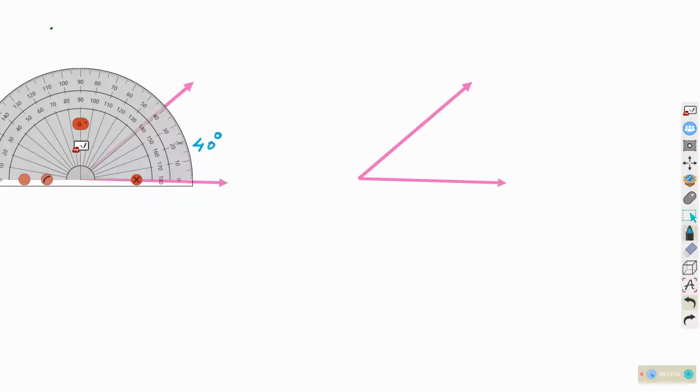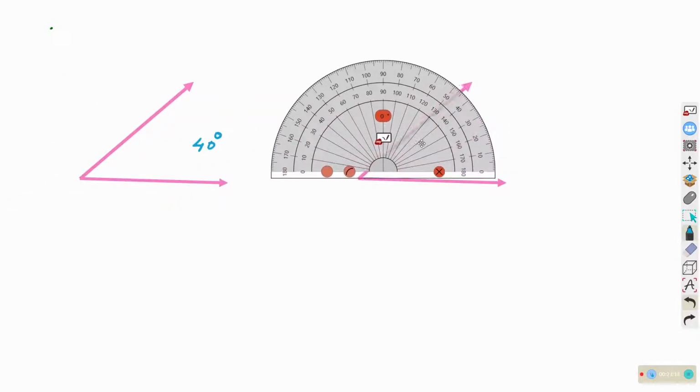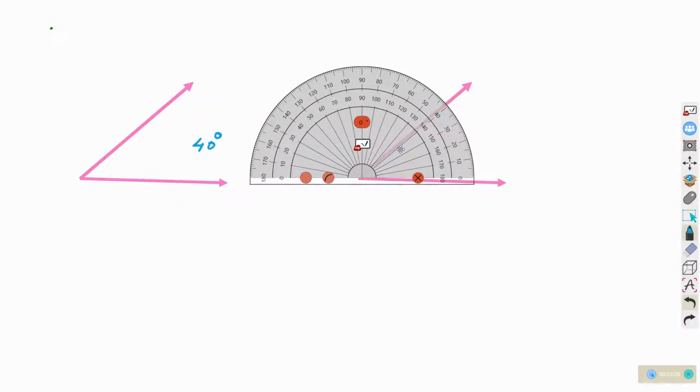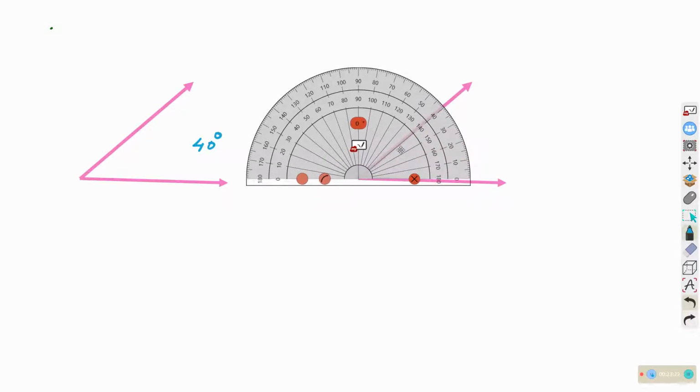Let us take the same protractor to the other one and measure the angle. You know how to do all these things. And this is also 40 degree. So write 40 degree. These two angles are congruent. How to name the angle?